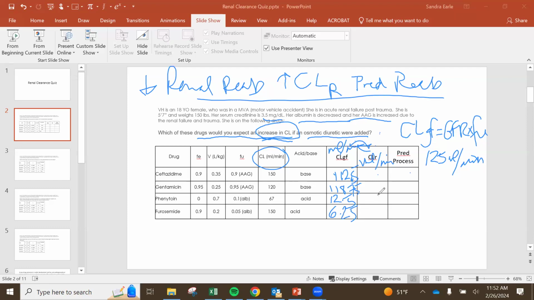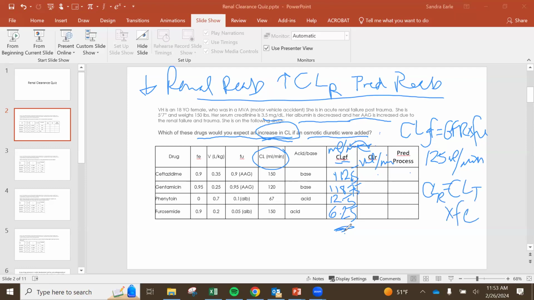So this is what's coming into the nephron. So 112.5 mils per minute is coming in, 118, 12 and a half, and 6.25 mils per minute is coming into the glomerulus being filtered in. So now we're going to compare what's going out. And so in order to do that, we have to figure out our renal clearance is going to be our total body clearance times the fraction that it's excreted unchanged in the urine, right?